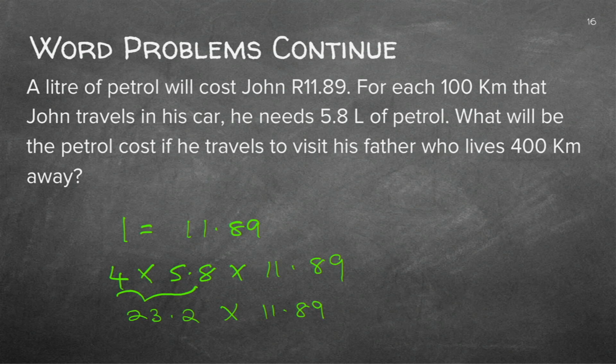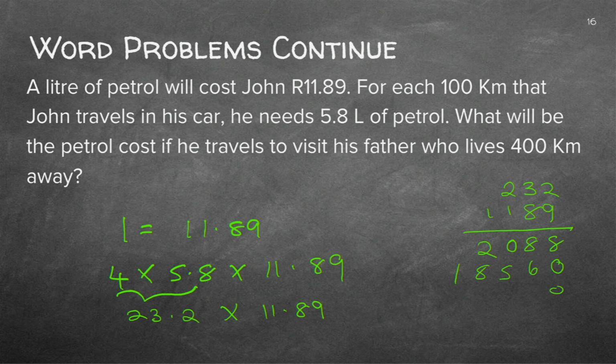We're going to remove the decimal, so it's 232 and 1189. It's better to write them underneath one another. So if we work this one out, I hope you've done it, and then you check every step to see, if you haven't got the same answer, perhaps where you've made your mistake.